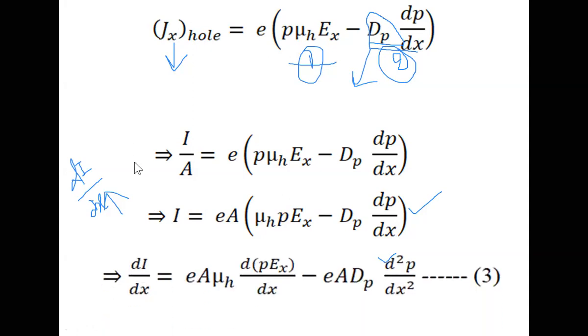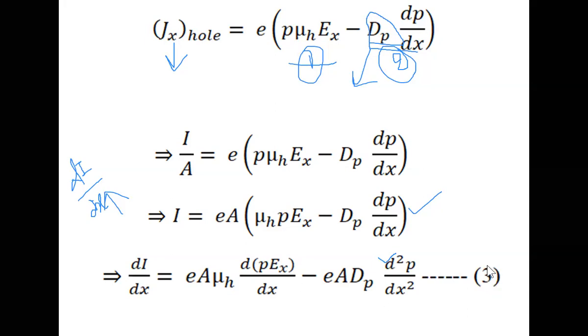Then we will get di by dx is equal to EA mu H, which is constant and taken out, d by dx of P Ex written within the bracket, minus EA dP into d2P by dx square, because already here we have d by dx and once again we are doing differentiation, so the second derivative d2P by dx square is coming. So this is the expression for di by dx. We are calling it equation number 3.